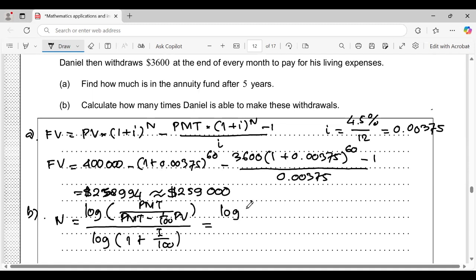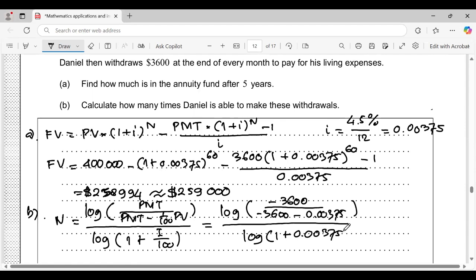Substituting minus 3,600 and 0.00375 over log of 1 plus 0.00375, if you calculate this, the result is 144 months.